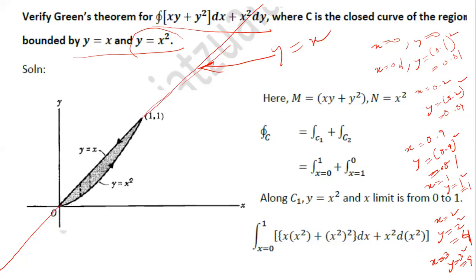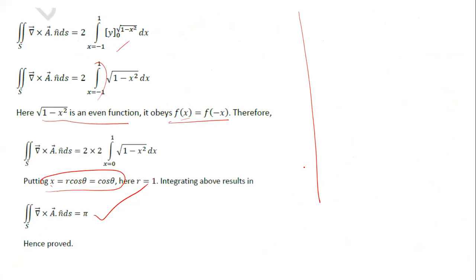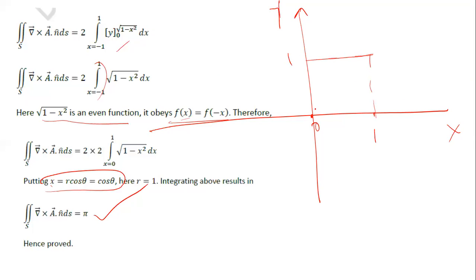So if you follow that, this will represent something like this. Let's say this is your x, y, and let's say you start here. This is, let's say, 1. This is, let's say, 1. So this was your y equal to x line. Now the y equal to x square line will follow something like this.